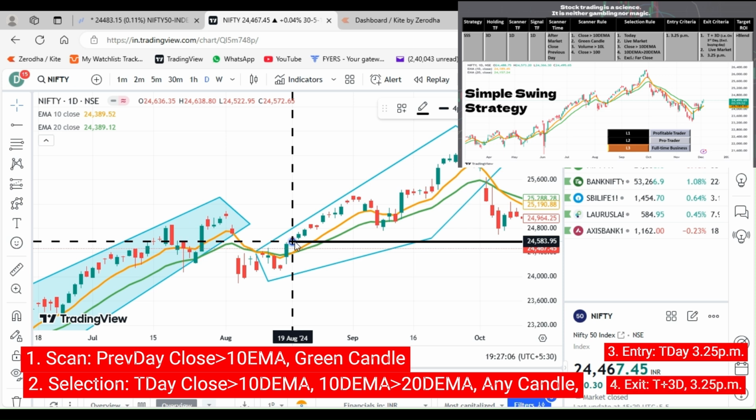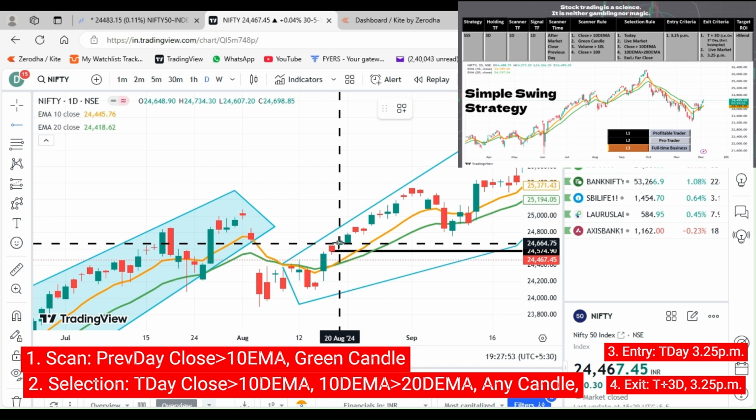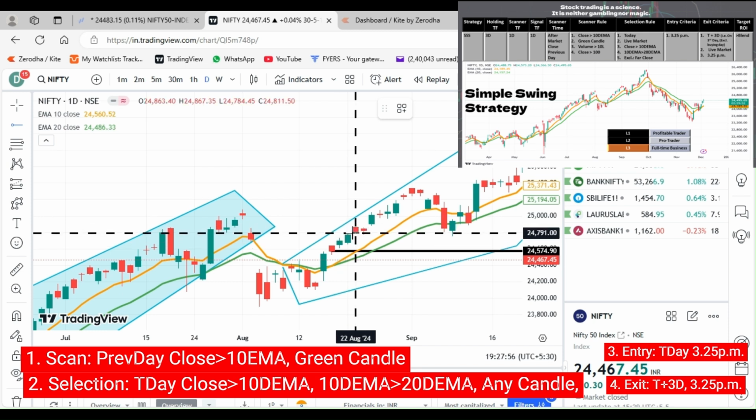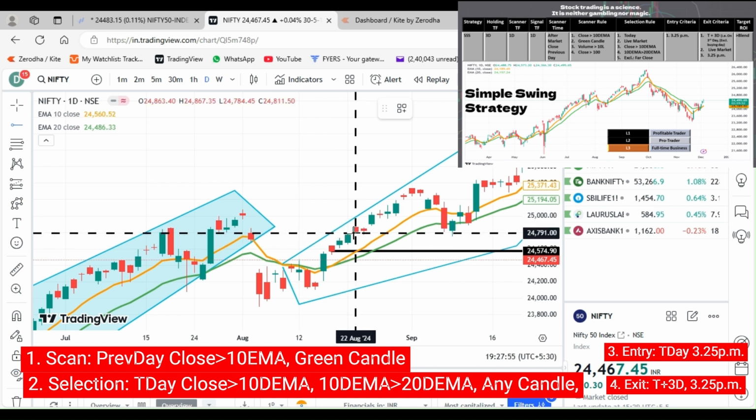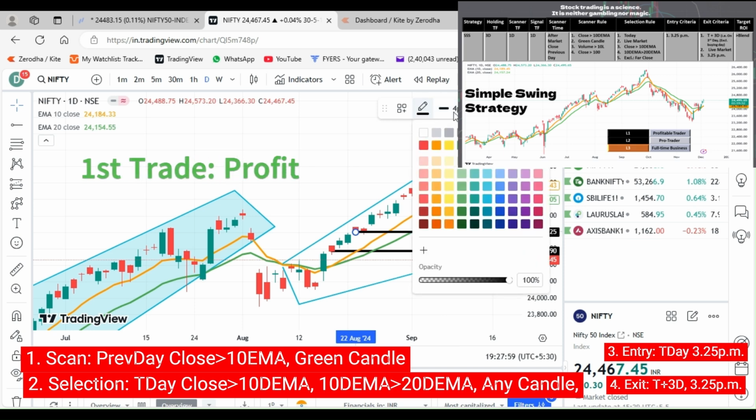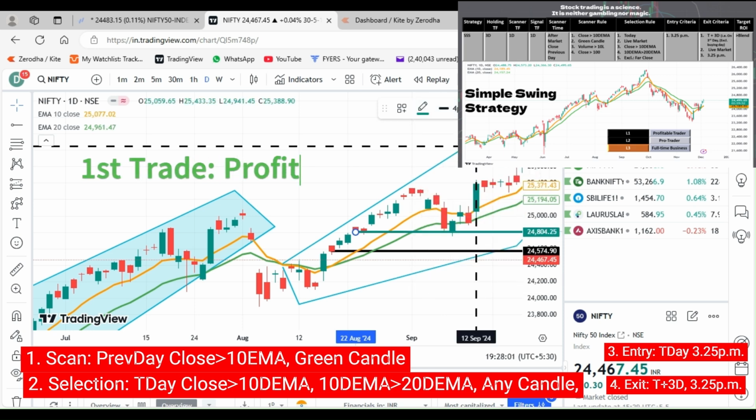My entry criteria is at 3:25 p.m. and my holding period is 3 days, excluding the day of entry, that is 1, 2 and 3. That is, the third day is 22nd of August. My exit criteria is at 3:25 p.m. I will exit, whatever the situation is. So I will exit at the closer time of 3:25, that is at this mark. So I will mark this in green. So one trade is done.